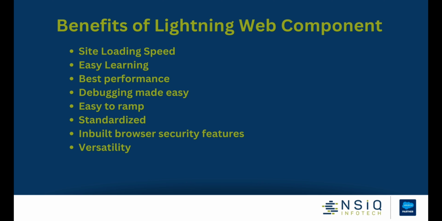Lightning Web Component has inbuilt browser security features driving its out of the box usage. It focuses on actions like button presses and clicks determining the flow of movement. The Lightning Web Component supports these actions. Versatility. Lightning Web Component utilizes full encapsulation, so components are more versatile.